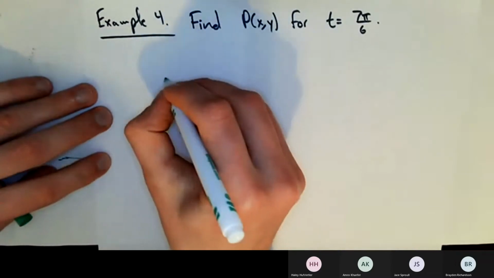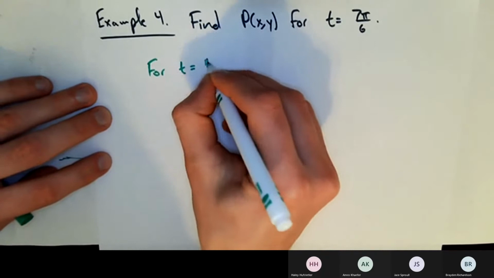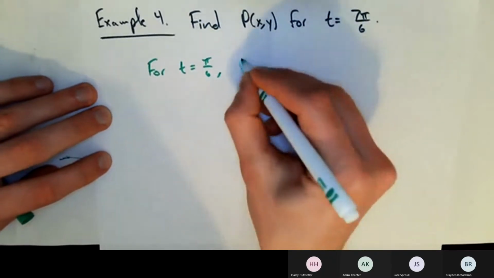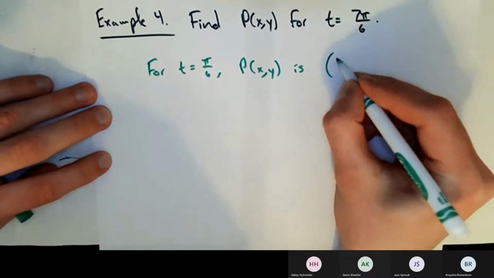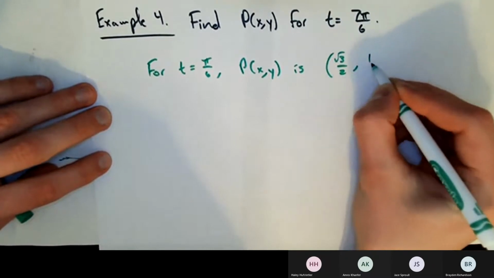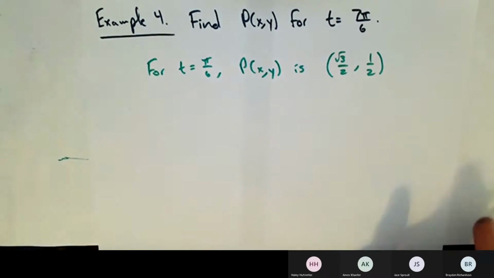First thing I'm going to note is that in the first quadrant, t equals pi on 6, P of xy is square root of 3 over 2 comma 1/2. That's the info I gave you a minute ago.